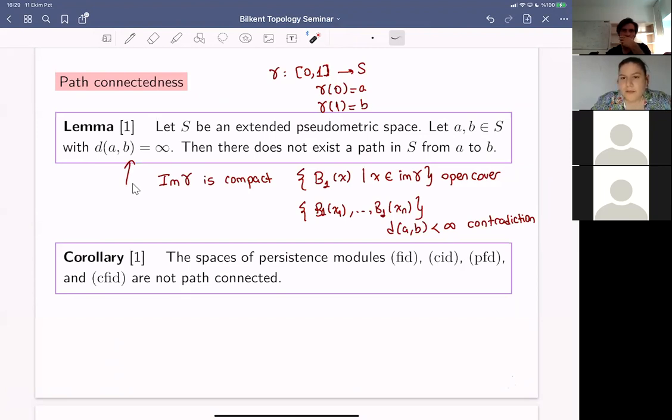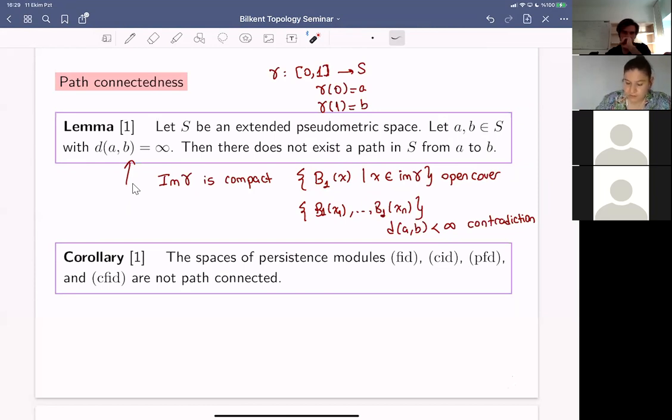No. If you consider the open ball B1(x), where the center is x and the radius is 1, this collection covers the image of gamma, which is a compact set, so it has a finite subcover.